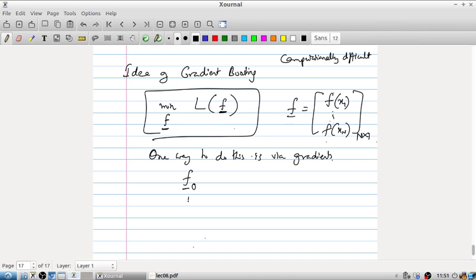Then you are at some point in your optimization space. You take the gradient of the loss function at that point, let's call it g0. Given the gradient and f naught, I can say f vector 1 is equal to f vector 0 minus rho 0 times g0.